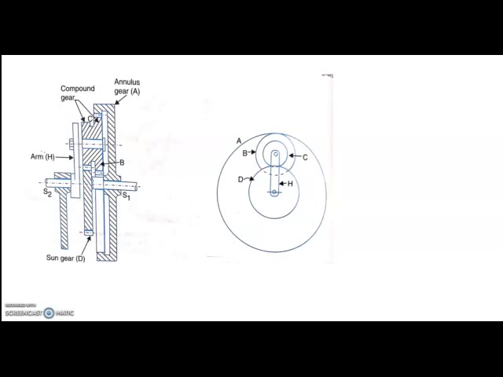Say here there are 4 gears. Gear A is annular. Gears B and C are compounded on the same shaft, and there is gear D and the arm RH. Gears B and C are mounted on the arm. Now, if you want to write the relative speed of A and B, it's so simple.